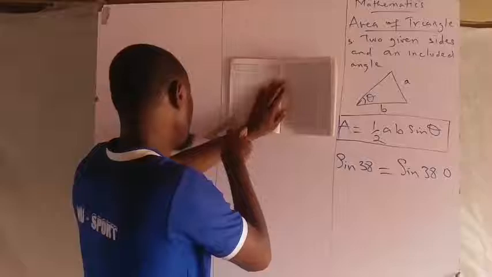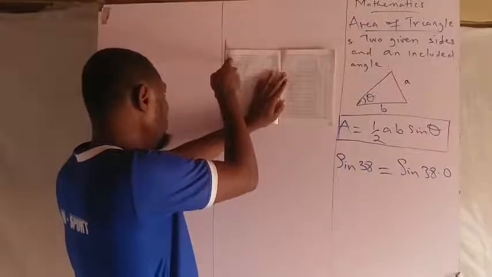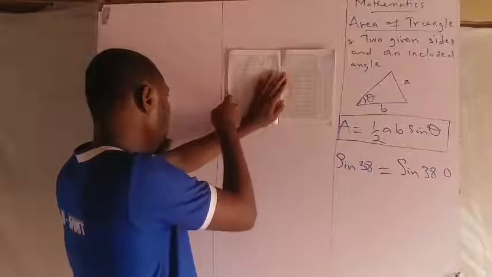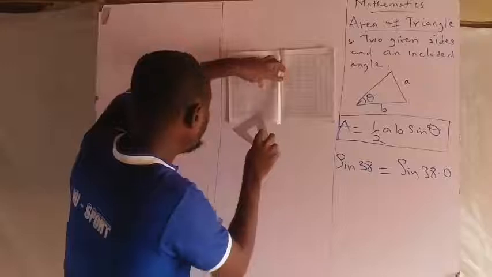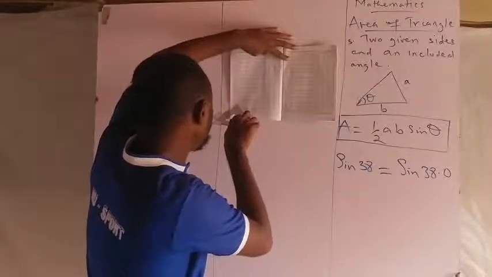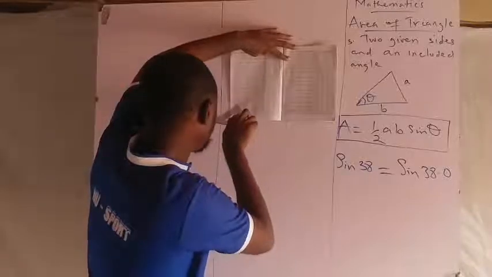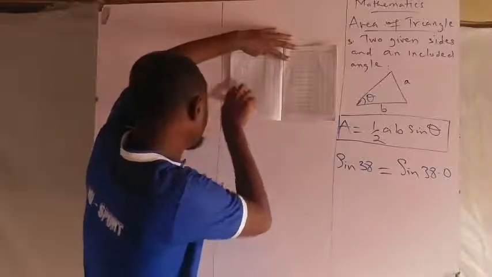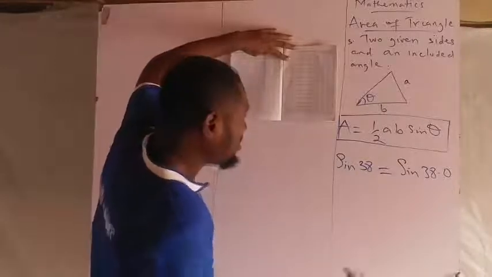So you carefully check 0, 1, 2, 3 to 38. This is 38. Then check 38 under 0.